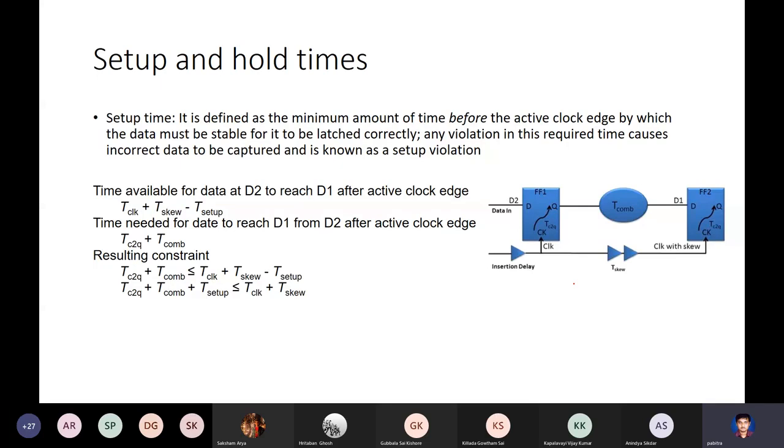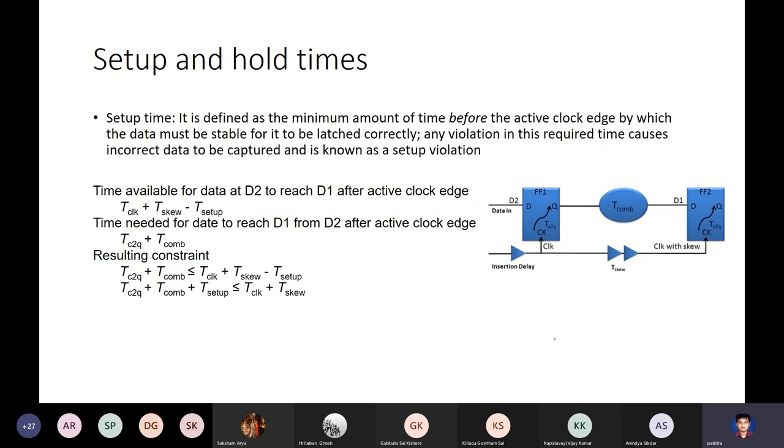Okay, so here is an example. You have two D latches, D1 and D2, and there is some combinatorial circuit in between connecting these two latches, and they have a delay, and the clock is synchronized, but the clock has some insertion delay.